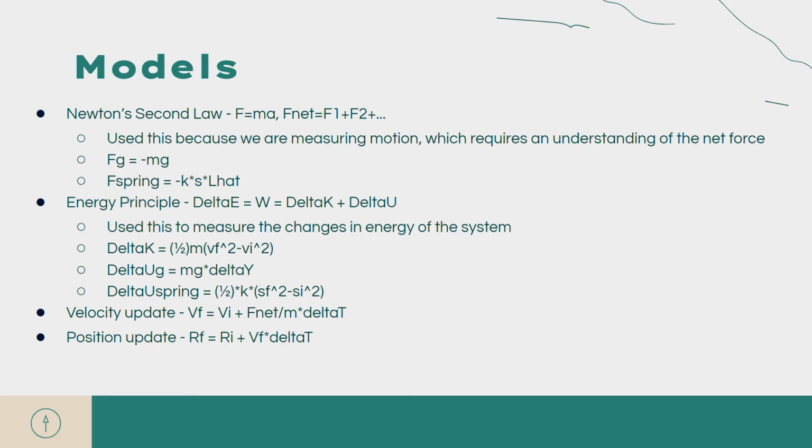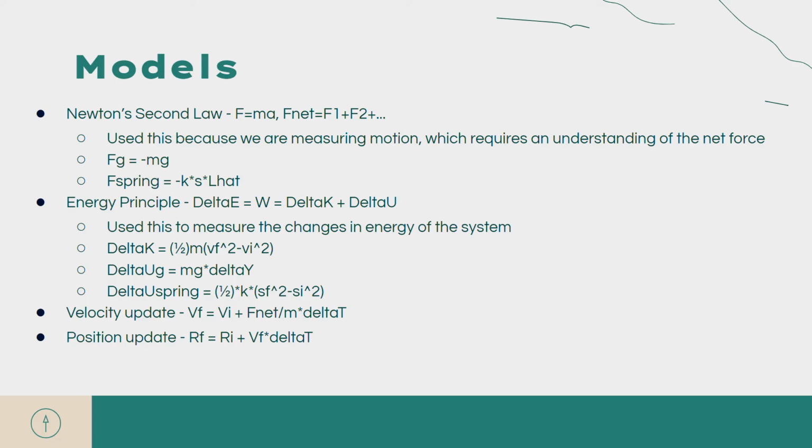For the models, Newton's second law. I use Newton's second law, which is force equals mass times acceleration, and F net equals all the forces added up. I use this because we were measuring motion, which requires an understanding of the net force. And I said the force of gravity equals negative mass times the constant g, and the force of the spring equals negative constant k times s, which is the difference between L and L naught, times L hat.